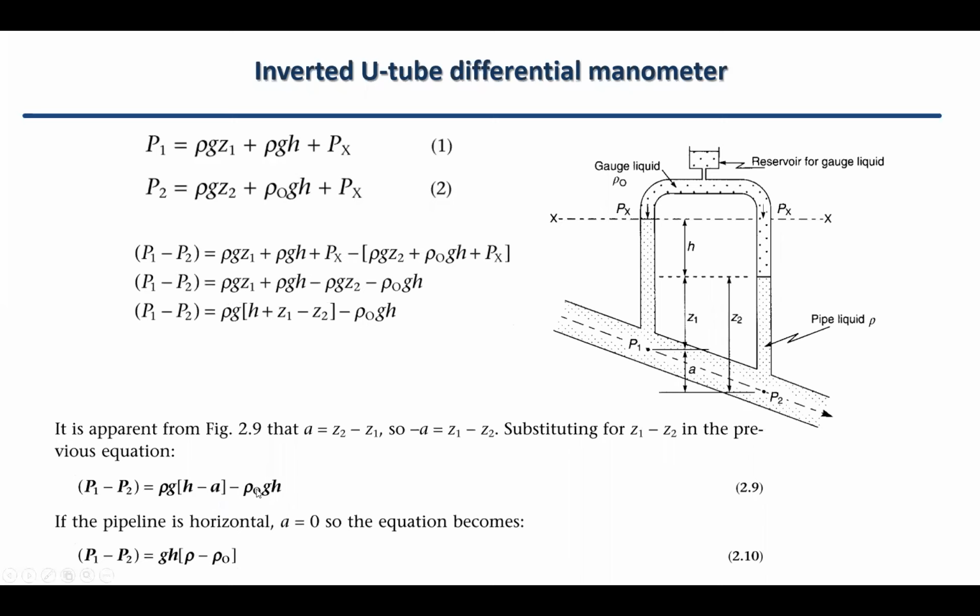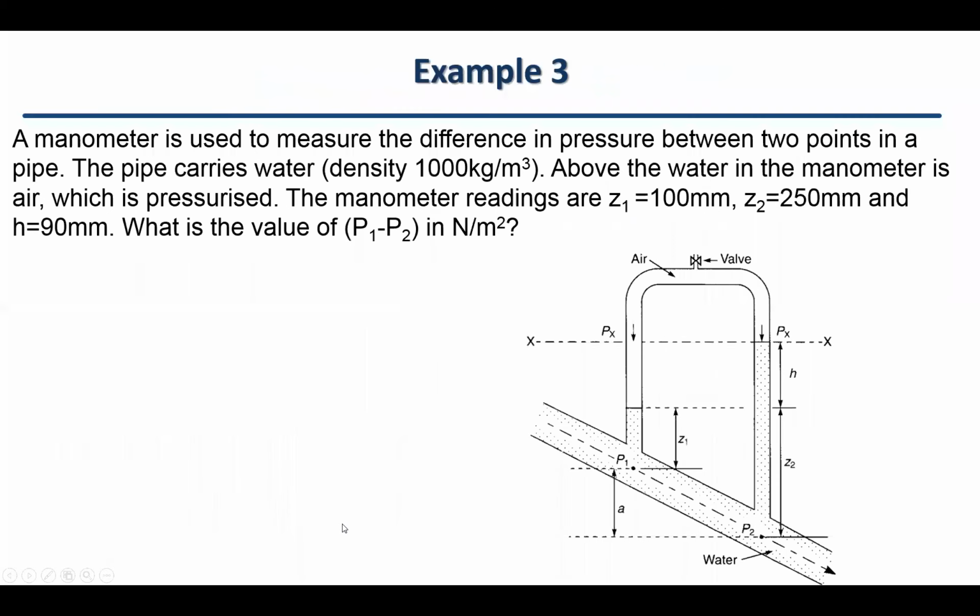As you can see here, the density of the upper liquid, or gauge liquid, is left in the equation. So even if the pipe is horizontal, A is 0, the difference in pressure is equal to gh (rho minus rho oil), or the density of the pipe liquid minus the density of the gauge liquid. With that introduction, let's go and see an example.